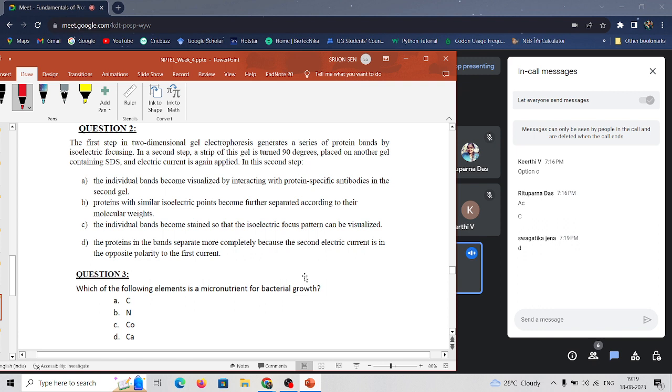D, the proteins in the band separate more completely because the second electric current is in the opposite polarity to the first current. Okay. Any other answers?